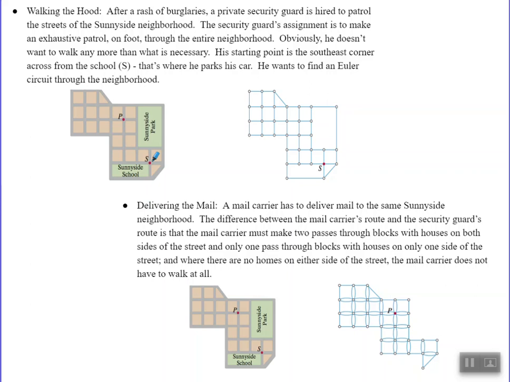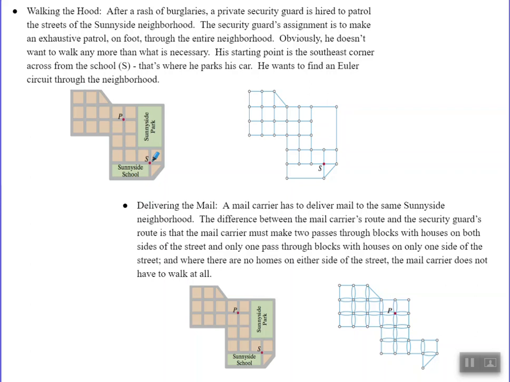Similar situation, a mail carrier has to deliver mail to the same Sunnyside neighborhood, but the difference between his graph and the security guard's route is that he has to make 2 passes through blocks where houses are on both sides of the street because he has to walk each side of the street. He only has to go once down a street where there's only houses on one side.